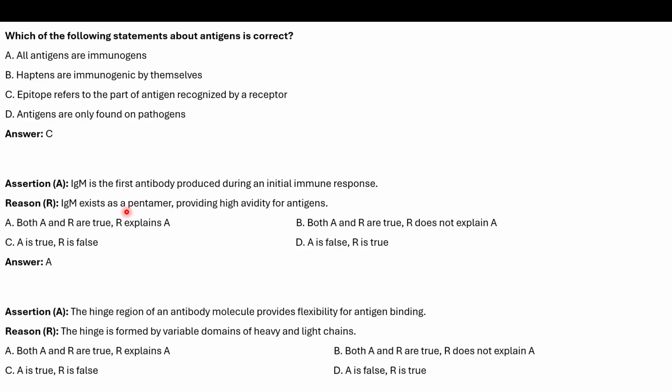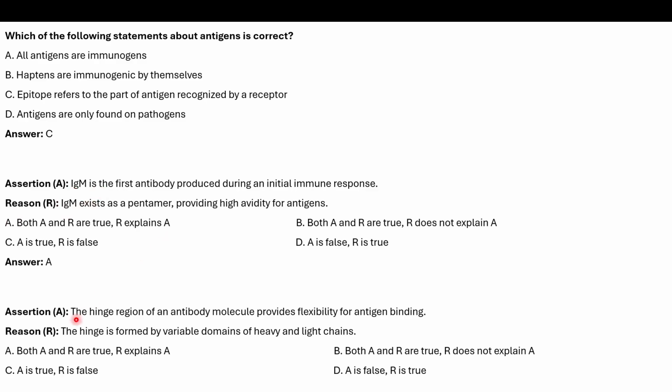So if it exists as a pentamer, then it has 10 antigen recognizing regions. So it will be a stronger interaction as well as tighter recognition by this particular antibody, which provides high avidity for the pathogens or foreign substance. Hence, this is the first one to be produced during an initial immune response. So both these statements are correct, and the second one explains the first one nicely.